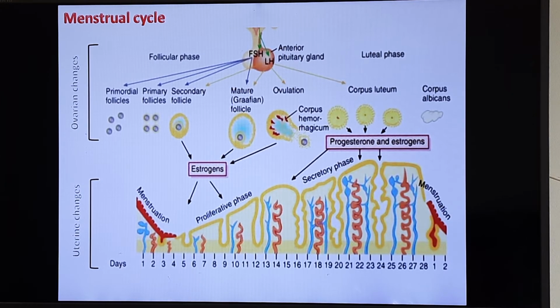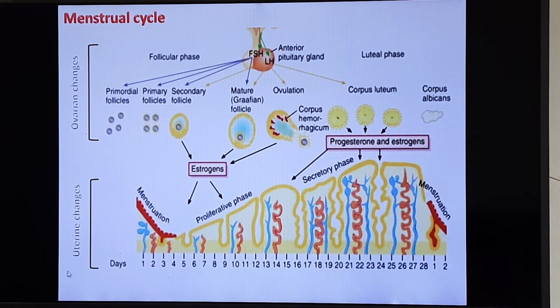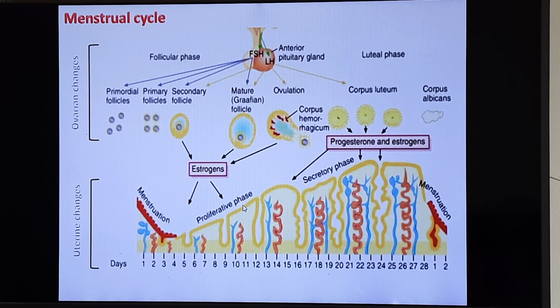These limited changes occur in the ovary, but the main changes occur in the uterus. In the uterus, the endometrium is repaired or reconstructed. It means that it slowly increases its size and thickness. The cells proliferate and increase in size.